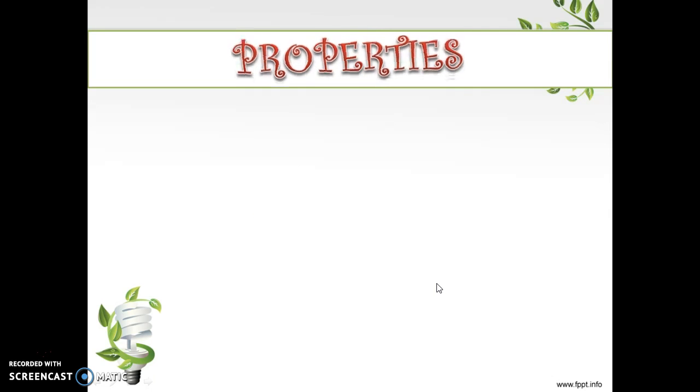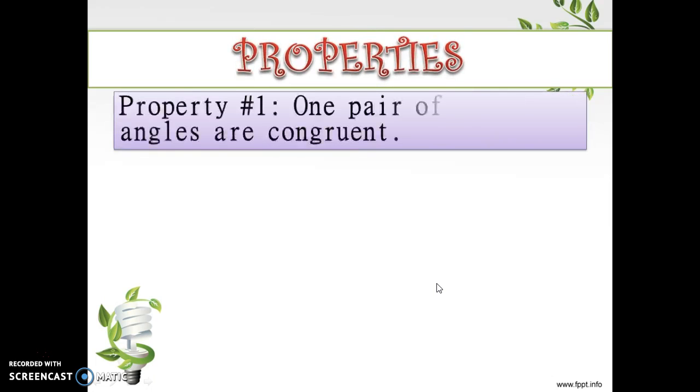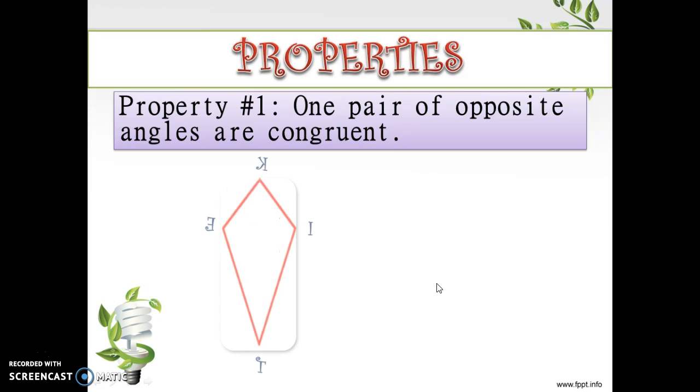The first property states that one pair of opposite angles are congruent. We need only one pair of opposite angles to be congruent. So look at this. So we have angle E and angle I, which are opposite angles, and they are congruent.